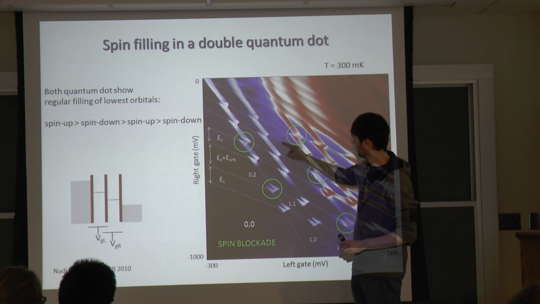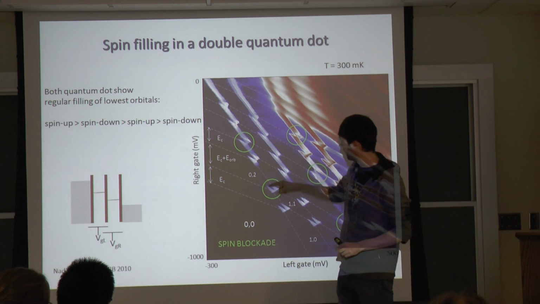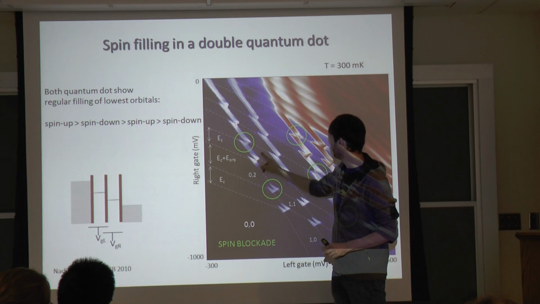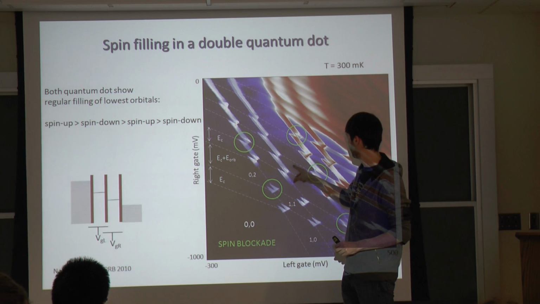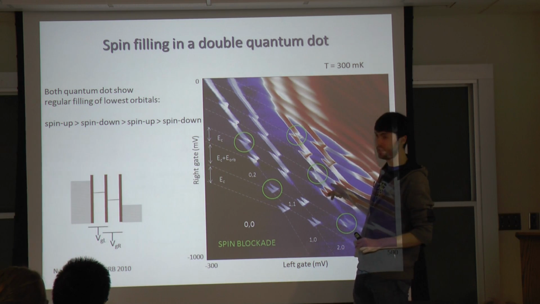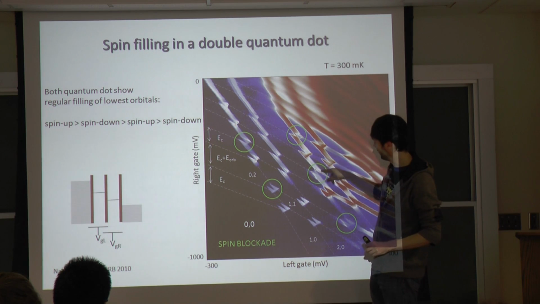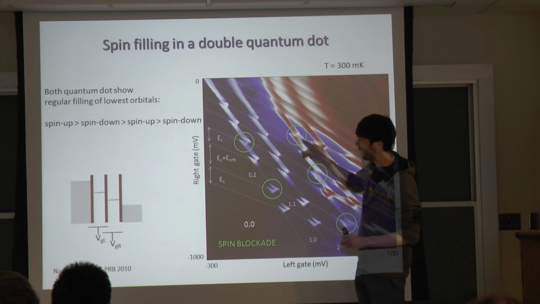A couple over, so this will be, let's see, this will be 3, 1, then 3, 2, 3, 3 to 4, 2 also has spin blockade. There is a lot of extra current. There are different reasons for that, and so on and so forth.